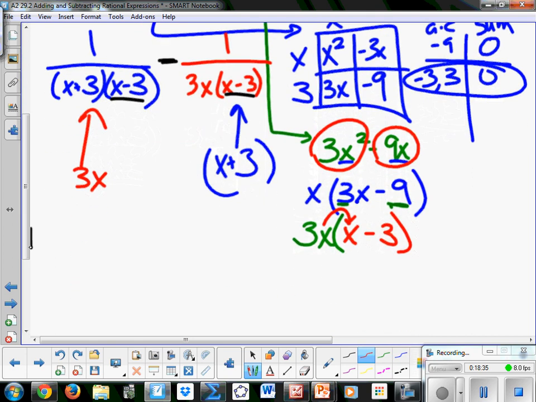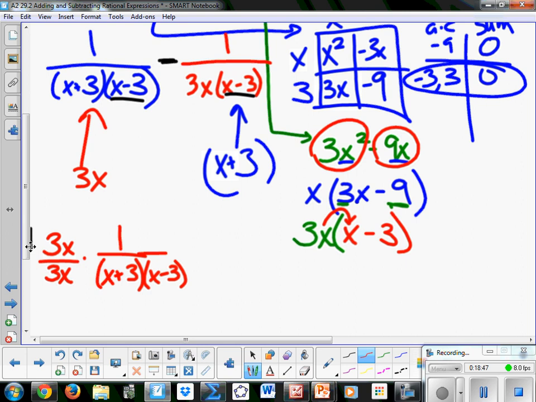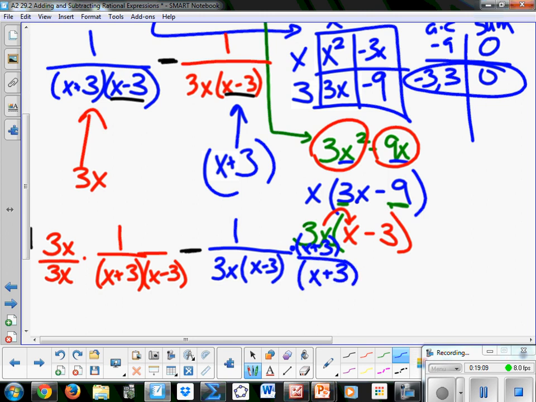Okay, so just like before, we're multiplying 3x over 3x, or 1, times 1 over x plus 3 times x minus 3. Okay, and then keeping that lovely subtraction sign in the middle, we're multiplying our other side by 1 over 3x times x minus 3, times x plus 3 over x plus 3.